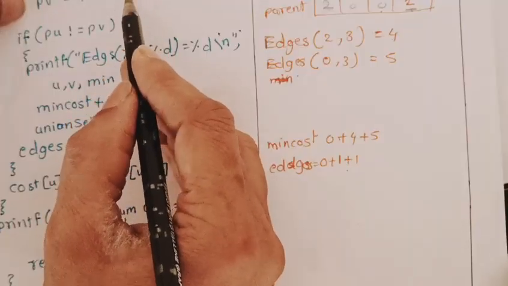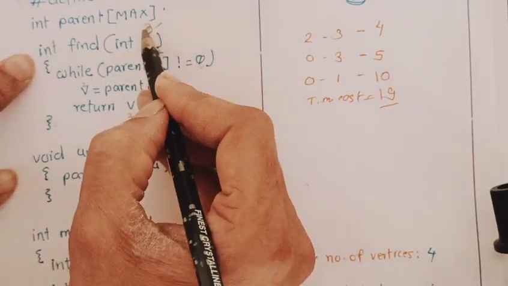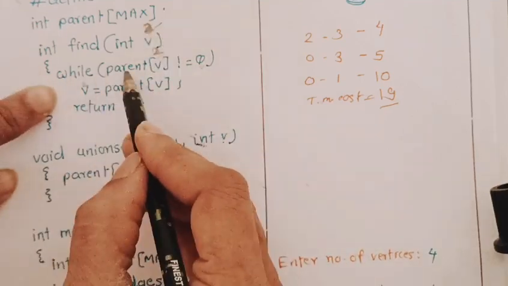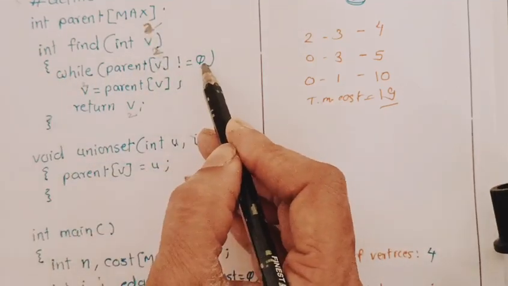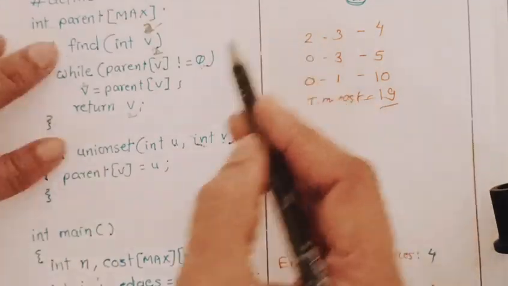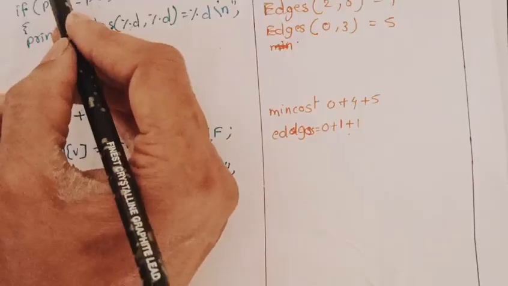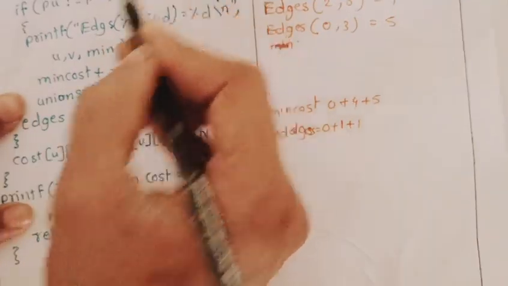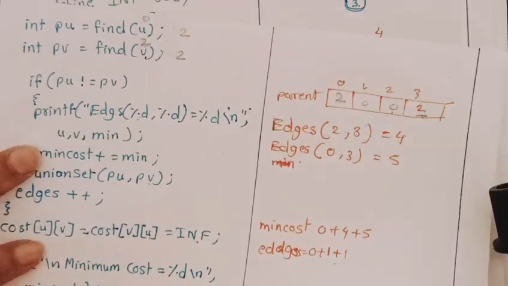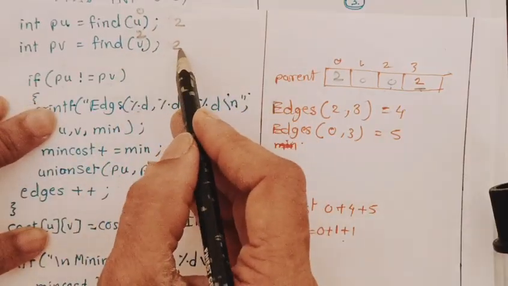Here we are sending the value 2. So in find, the v value is 2. While parent of 2 is not equal to 0, always parent of 2 is 0 only here. So we are returning the v value only, that 2 only. So pv also becomes 2 here. pu is 2 and pv is also 2 here.